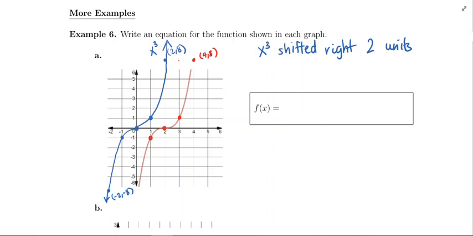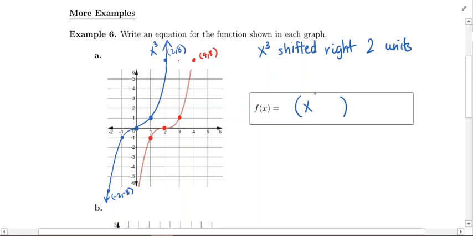So we've got to come up with the formula. Don't think that it's going to be x cubed plus 2. Remember, if you are adding or subtracting outside of parentheses, that's going to be a vertical shift, either up or down, and that's not what we have here. We're talking horizontal shift because the graph got moved to the right. So we are going to need parentheses. What is going to go in the parentheses? Well, the x.